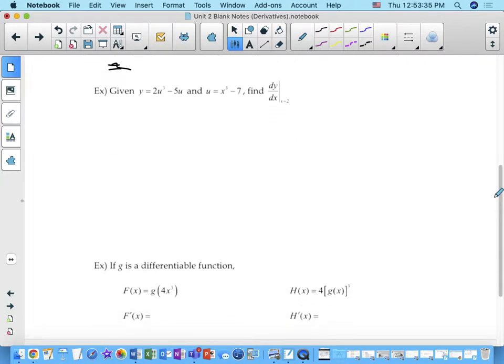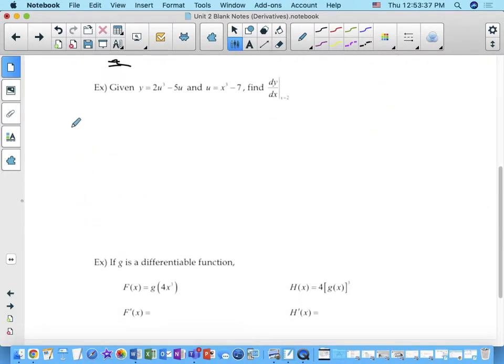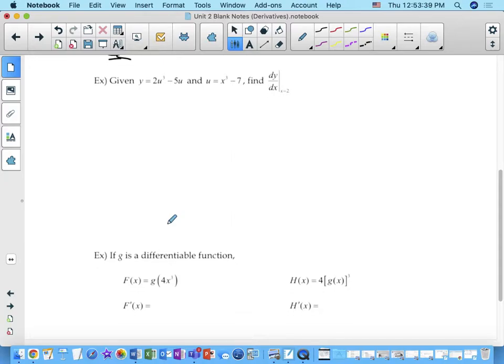All right, here's another one. Given y equals 2u cubed minus 5u, and u equals x cubed minus 7, find dy by dx, and this notation means at x equals 2. What is dy by dx at x equals 2?